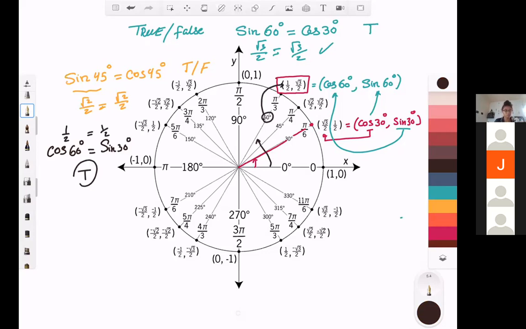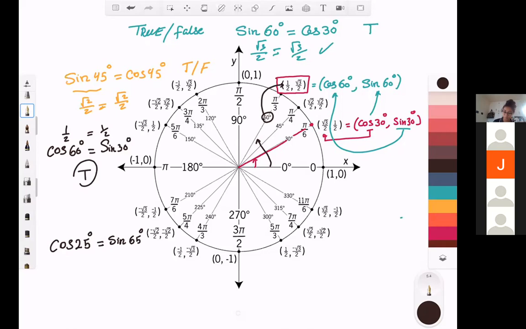So now I'm going to make another question. What about cosine of 25 degrees equal to sine of 65 degrees? Are these two equal? Yeah, I think so. Let's investigate who said that.